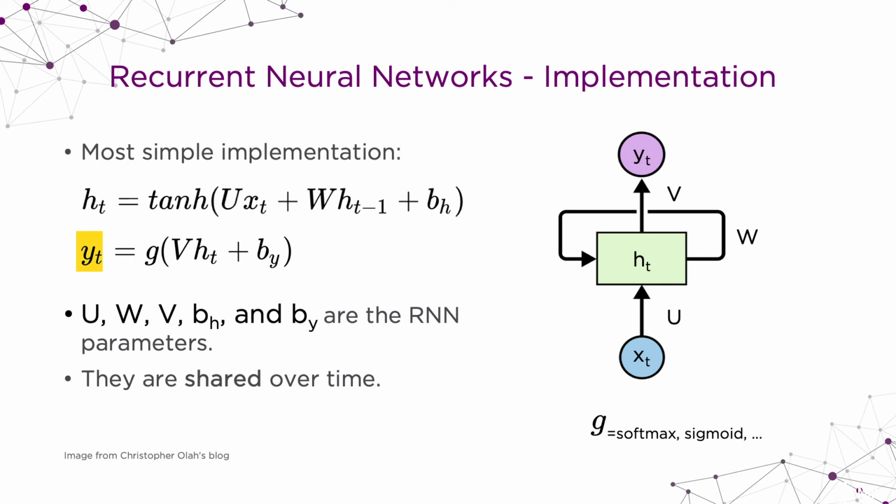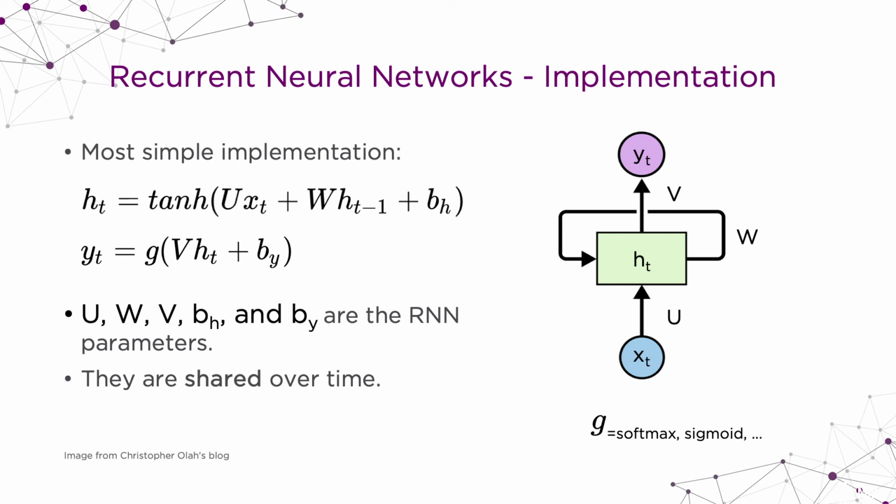The reason why I'm not saying which nonlinearity you are using here is because it depends on the problem. If we stay with the example, the named entity recognition example, in that case it was a classification task, so you would have applied a softmax. But obviously you can apply other nonlinearities like sigmoid and so on.